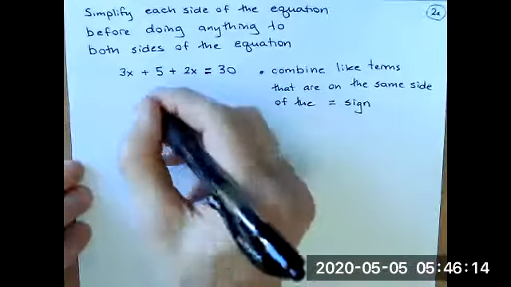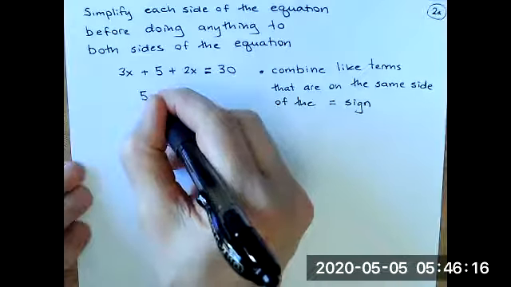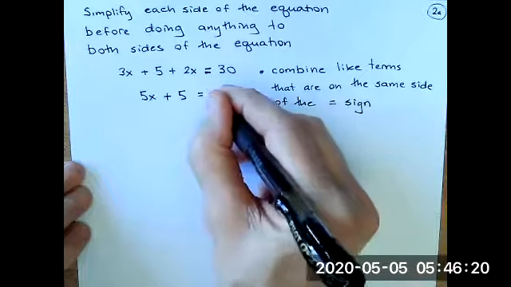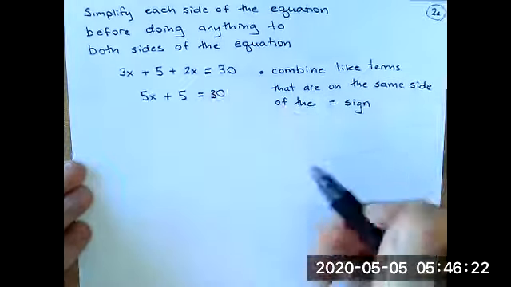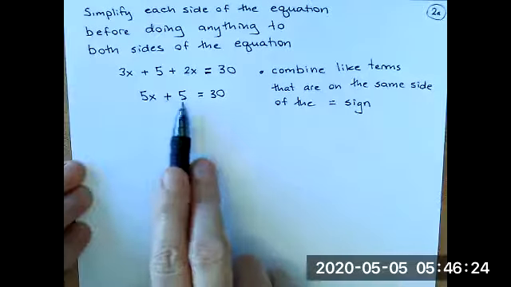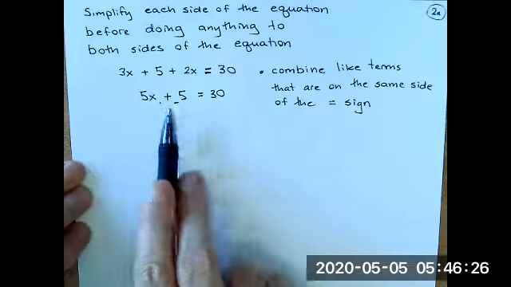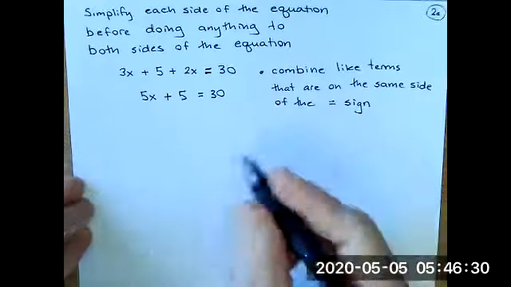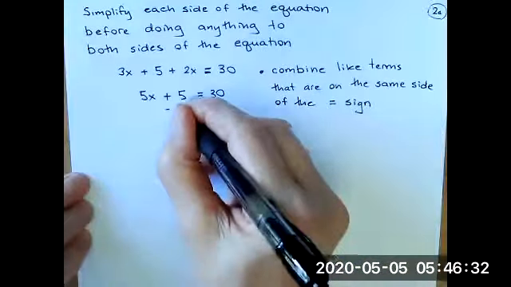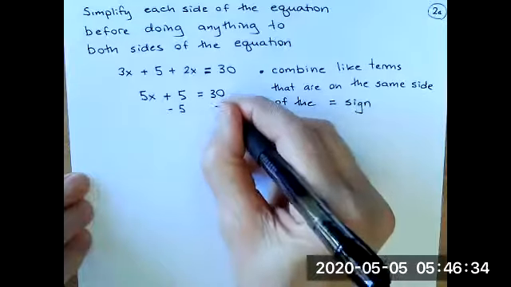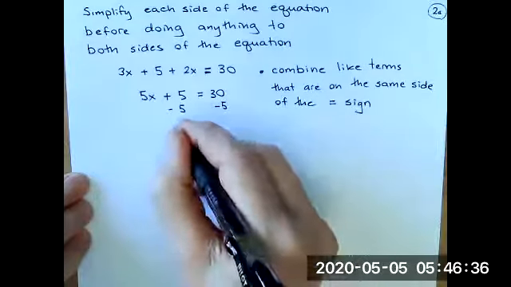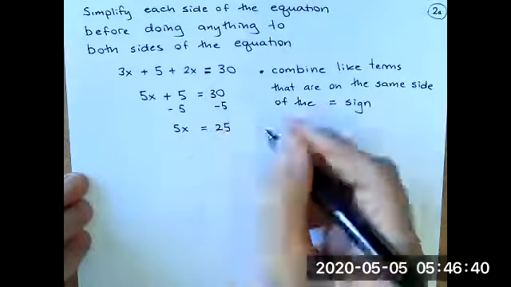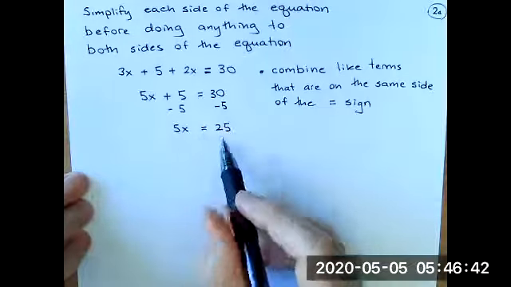So we add 3x and 2x to get 5x. These are unlike terms, so we've simplified it as much as possible. Now we can subtract 5 from both sides. And then divide both sides by 5.